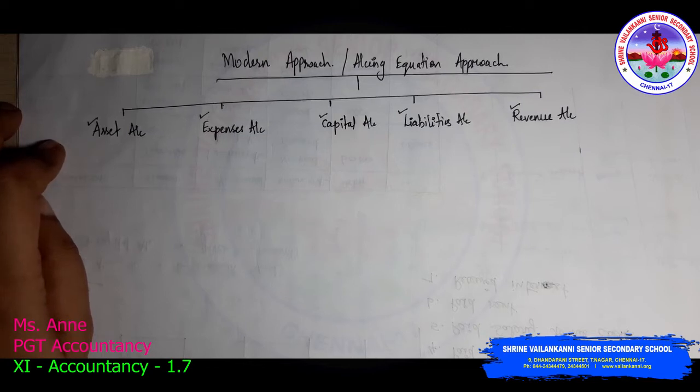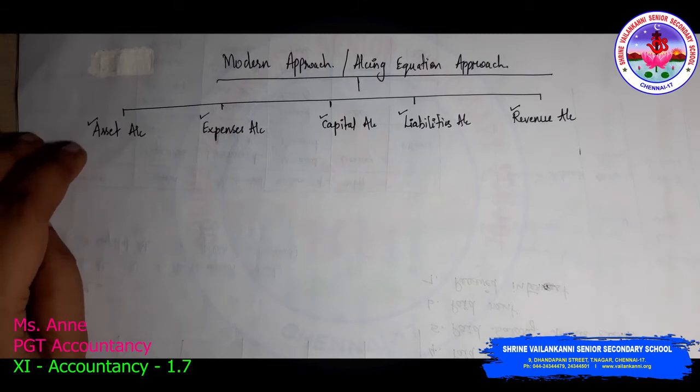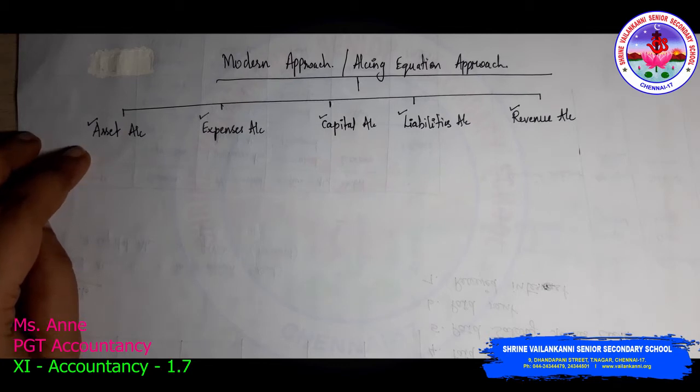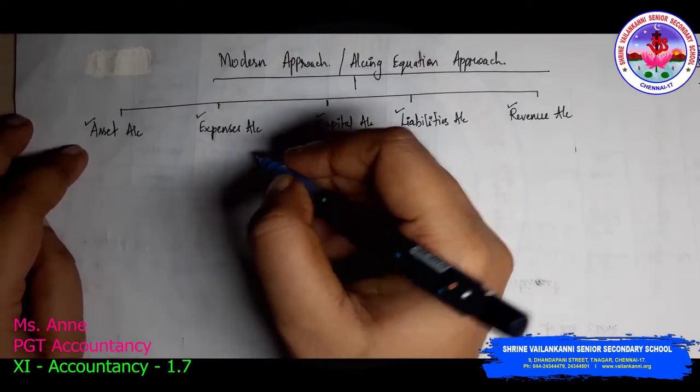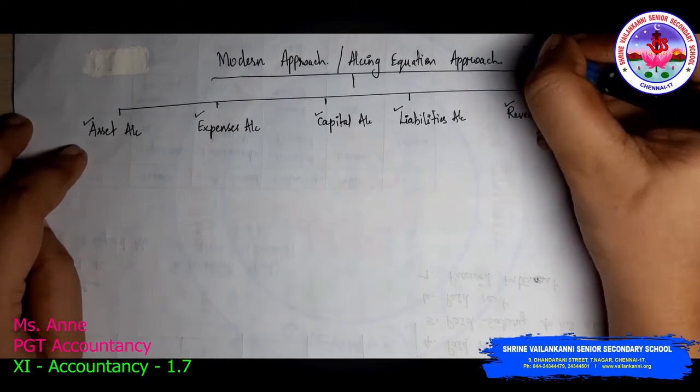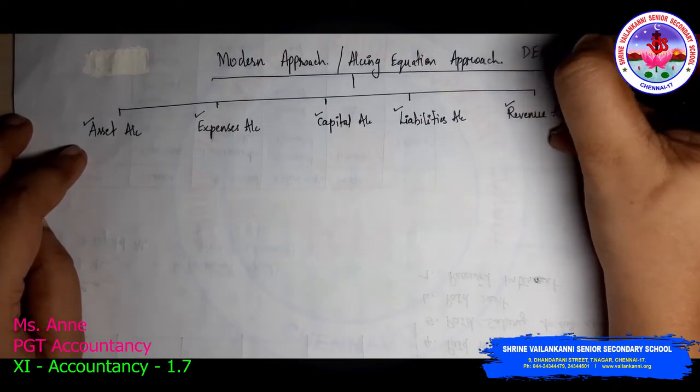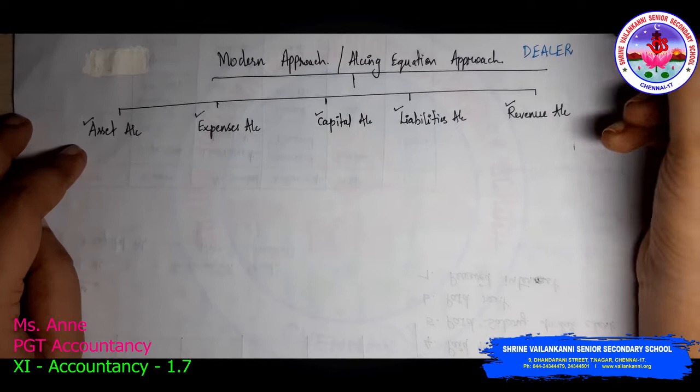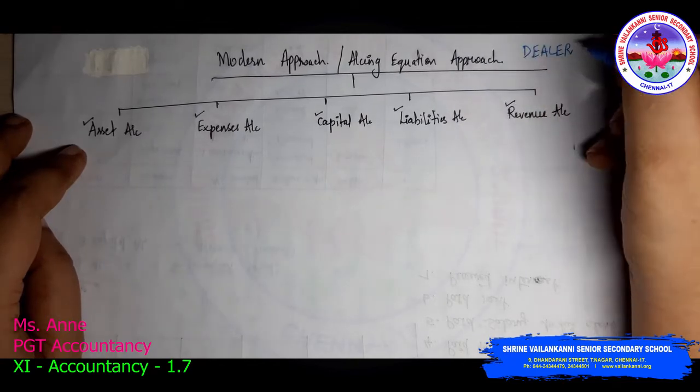In the modern approach, we classify the accounts as asset account, expenses account, capital account, liabilities account, and revenue account. If you remember, I told you to understand one word called DEALER. D is for drawings.